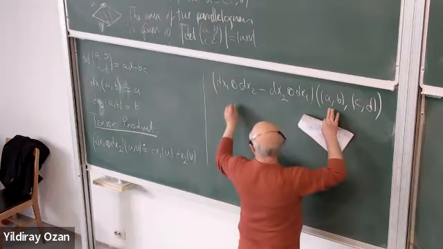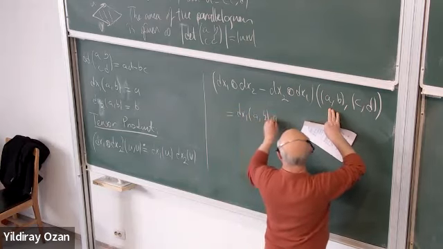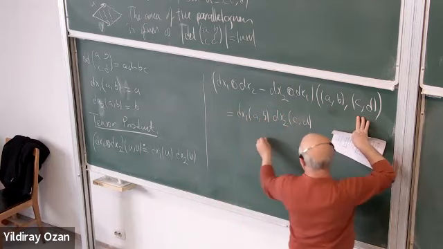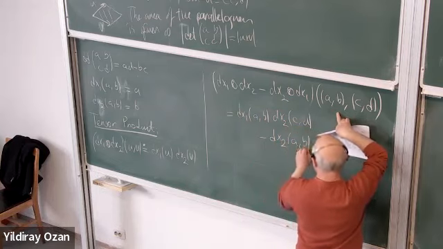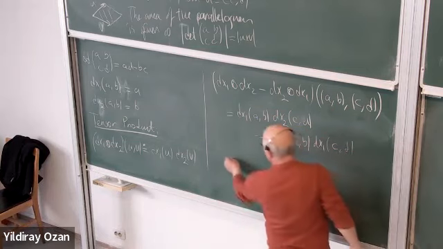It is dx1 evaluated on u times dx2 evaluated on v, minus dx2 evaluated on u times dx1 evaluated on v.